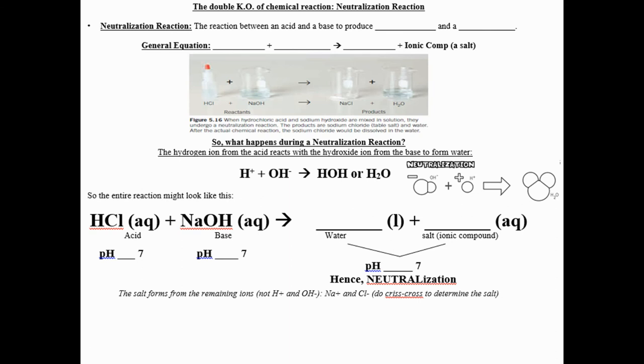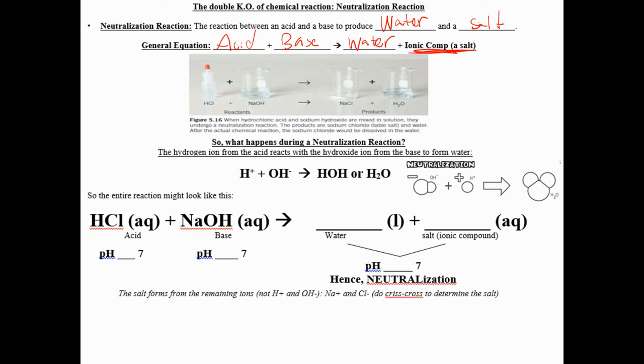And then lastly, there's neutralization reactions. Remember, we discussed these as being a special type of double displacement reaction. It's a reaction between an acid and a base, and it produces water and a salt. Our general equation for an acid-base reaction, a neutralization reaction, is acid plus base produces water plus salt, which is just an ionic compound.